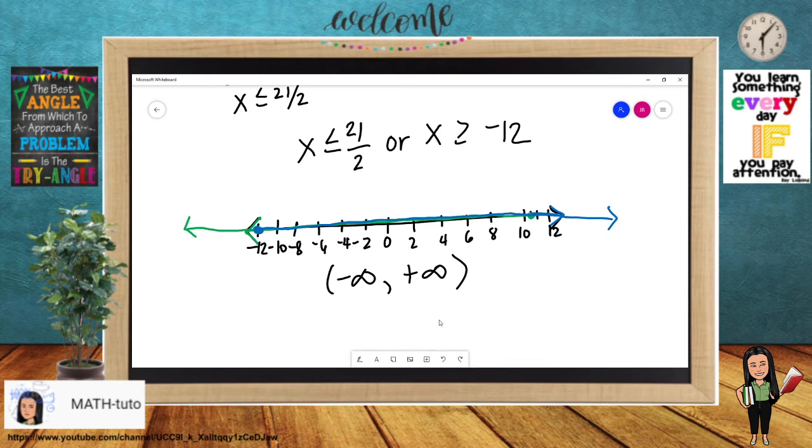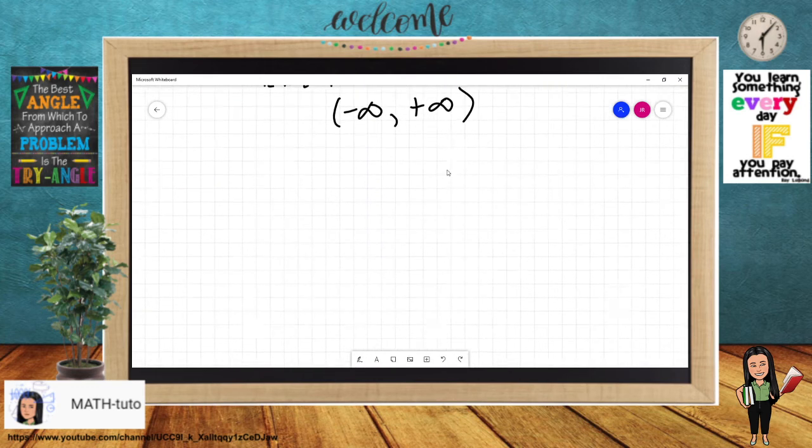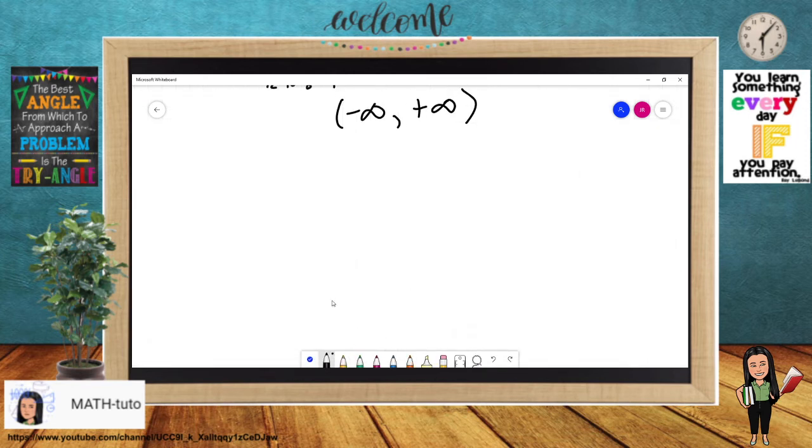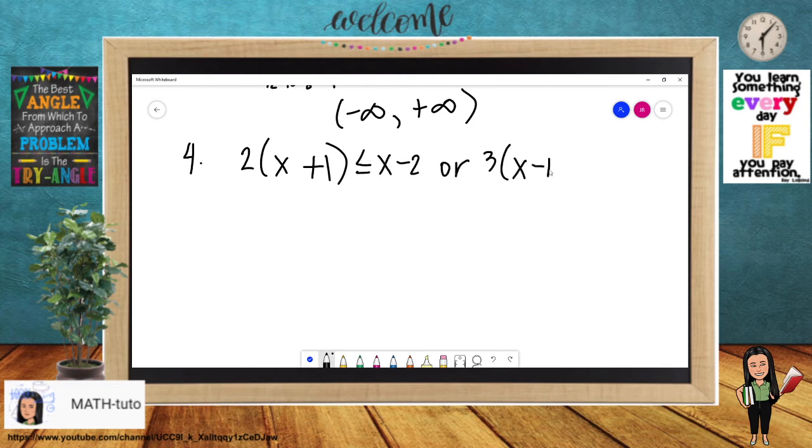Okay? Let's have another example. Number 4. So, let's have 2x plus 1 less than or equal to x minus 2 or 3x minus 1 less than or equal to 4x minus 3.